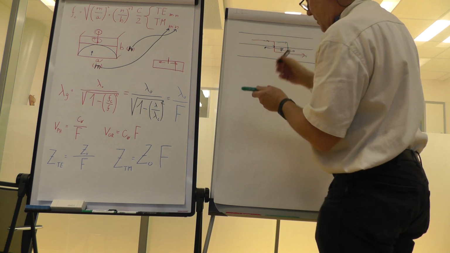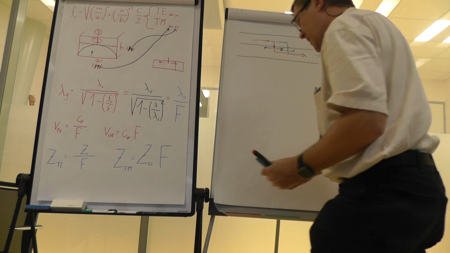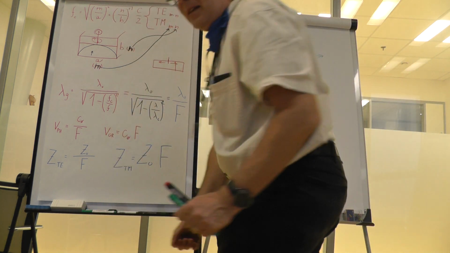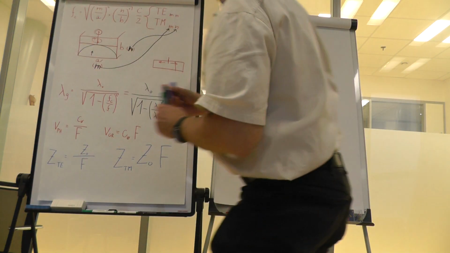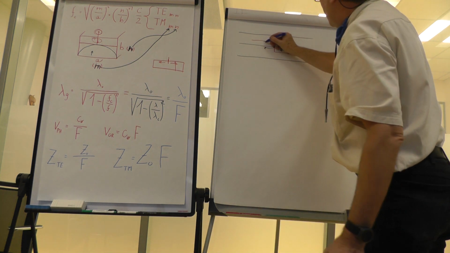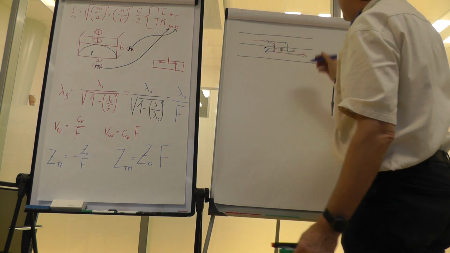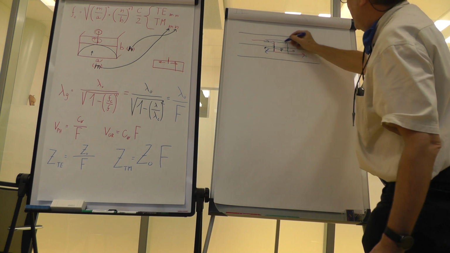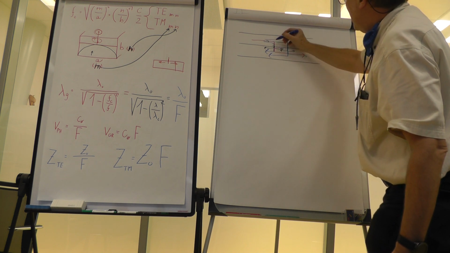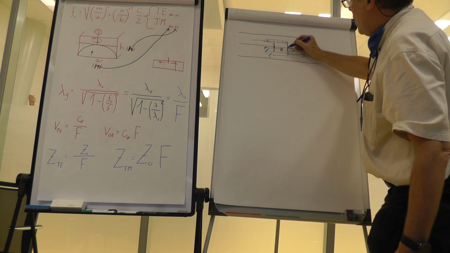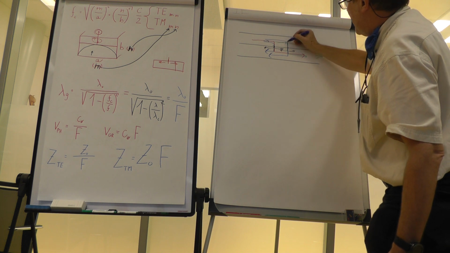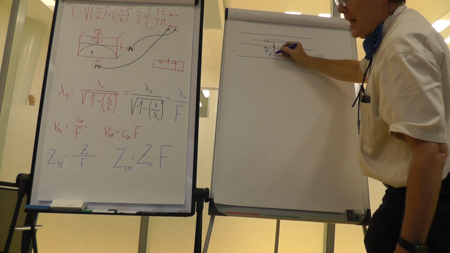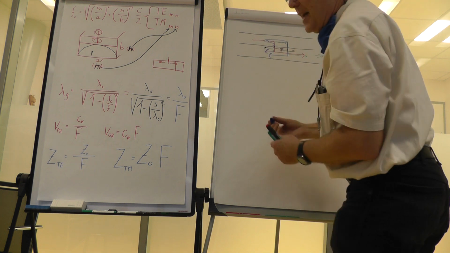In the opposite direction, the first wave gets just here, and the second wave gets here, but this is 1/4 wavelength, so this is 1/2 wavelength. Those two signals are in antiphase.